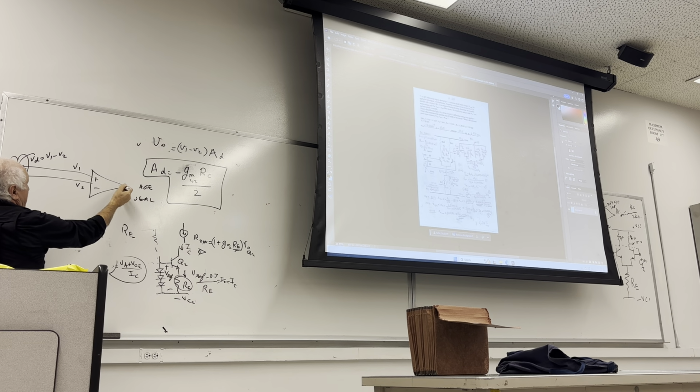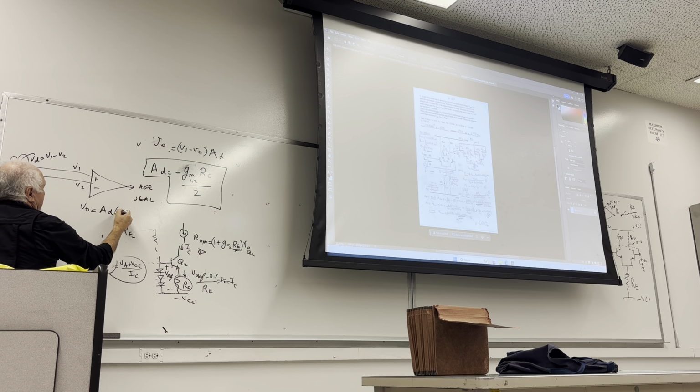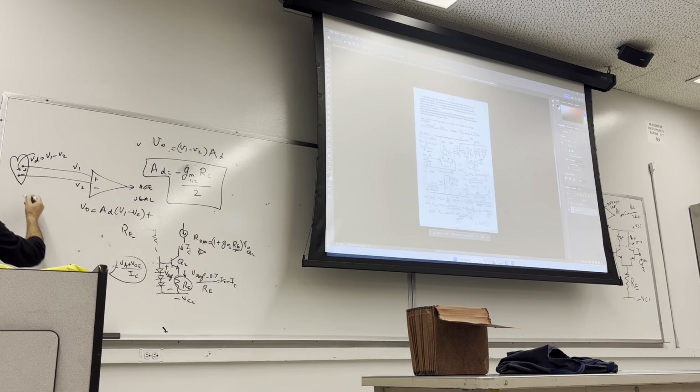You want the output voltage, VO, to be AD times V1 minus V2, but unfortunately, this point has a common voltage with respect to the ground, known as VCOM, which is usually a nuisance, an interference.